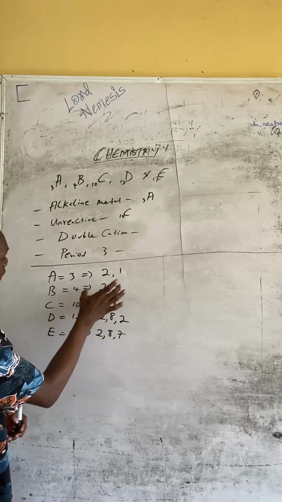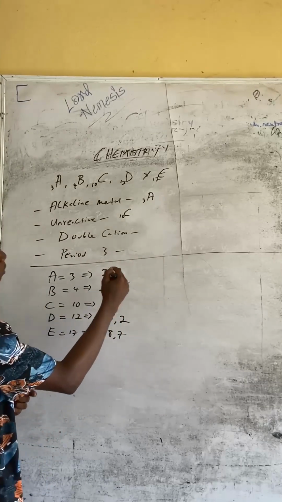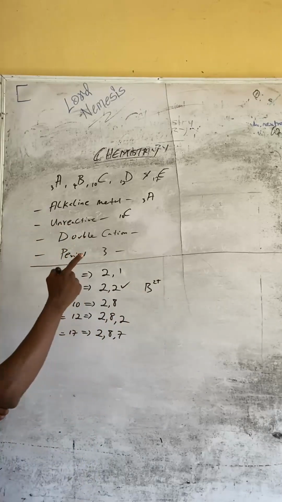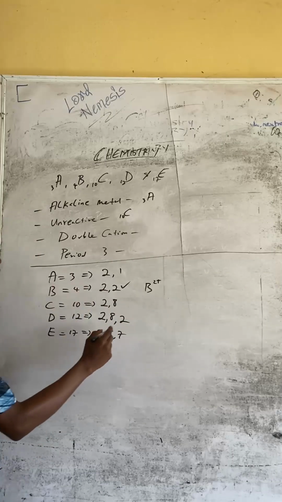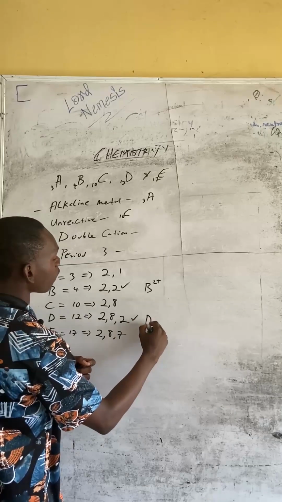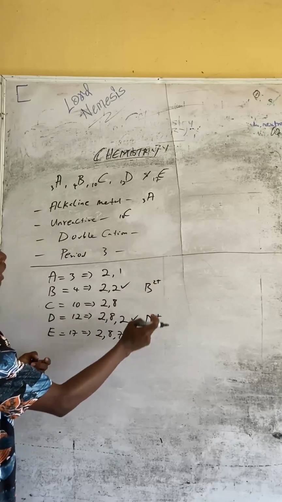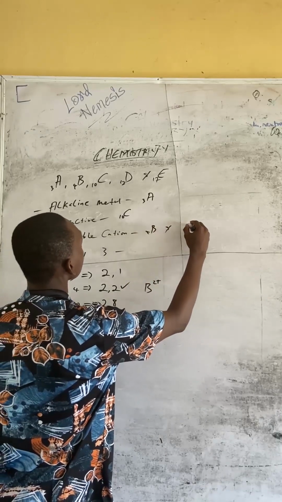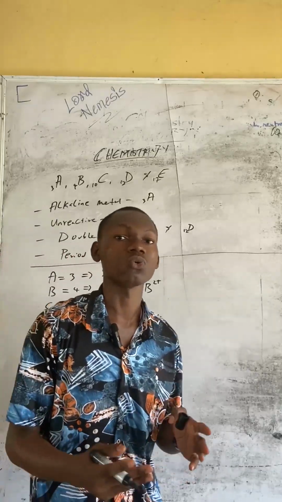If we look at this, first of all, we can identify that B has 2 electrons in the outermost shell, because B will lose these 2 to have a completely filled first shell. Also, we have D, 2 electrons. D will also lose these 2 outermost electrons to form a double cation, that is 2+. So the answer there is both B and D. So B, 4, and D, 12, will form a double cation because they both belong to group 2.